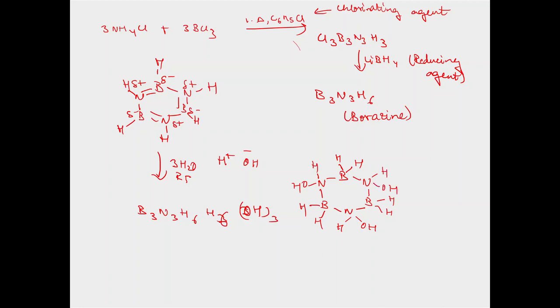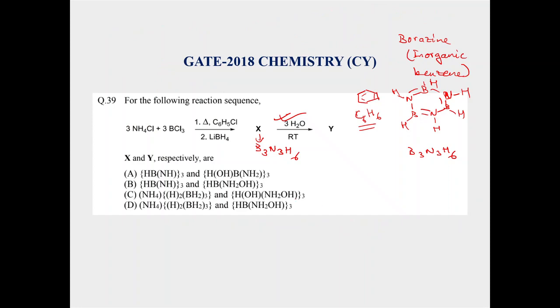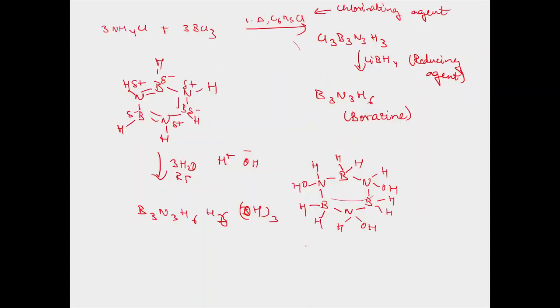So here they are actually not asking about the structure of this compound. They are asking it in this form, right? So we can write this as B3N3. Then, as I said, there were already 6 hydrogens present that will remain the same, and we can check this: 1, 2, 3, 4, 5, 6, 7, 8, 9.